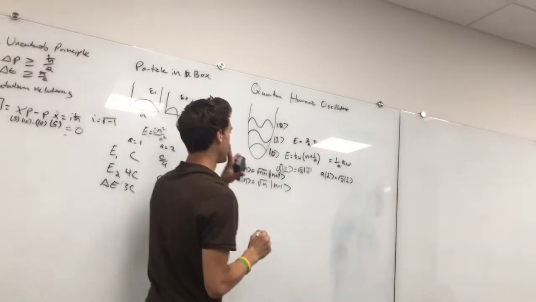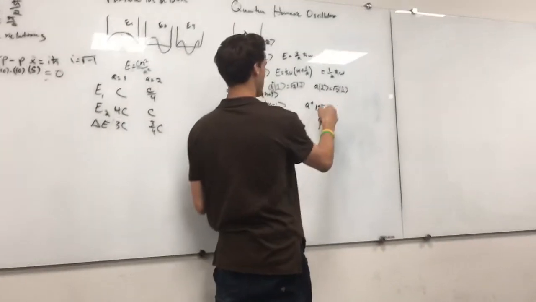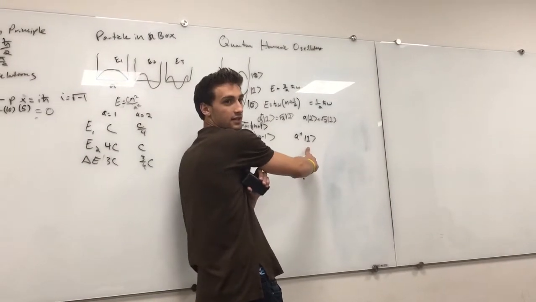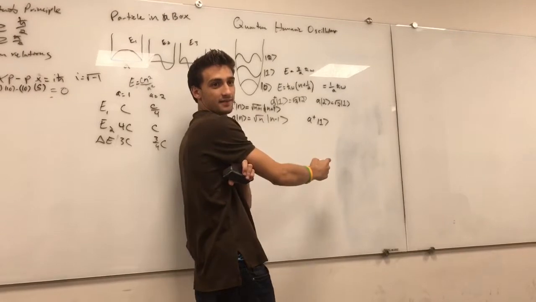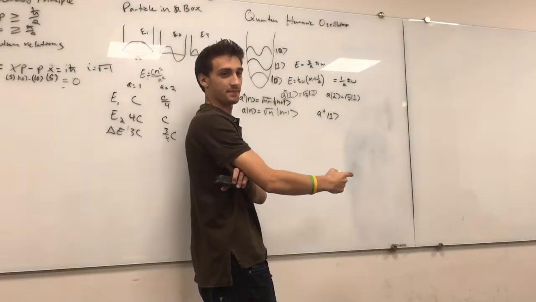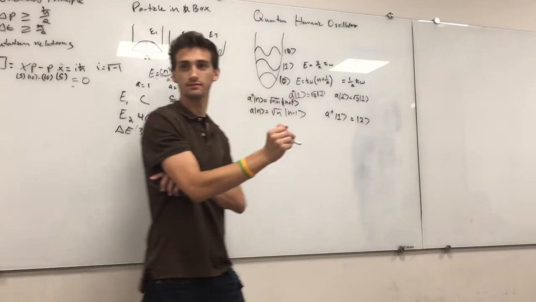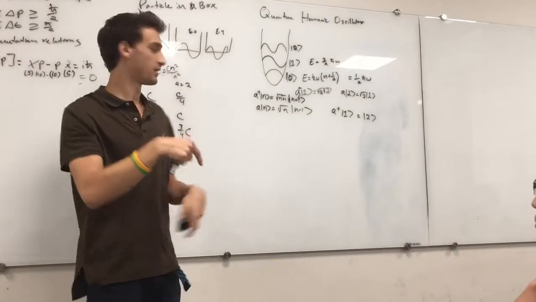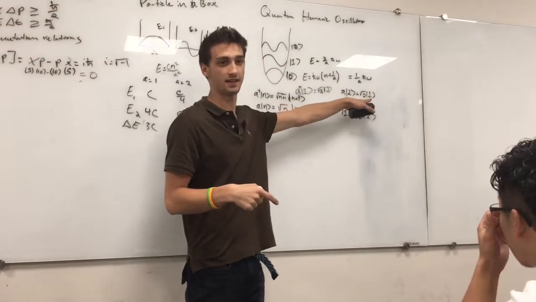If I want to apply the raising operator, what state do I get now? No, it's not 1, it's 2, because you're raising it. If it was just A, you're not raising it, right? You lower it, so it's n minus 1. So I applied A on the second state and I got the first.